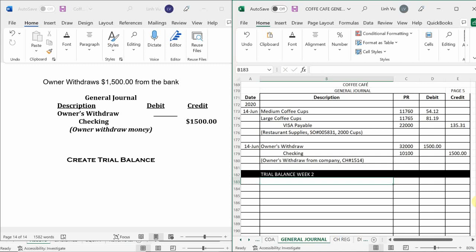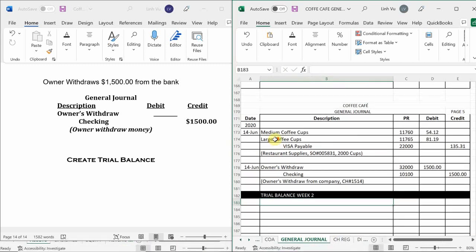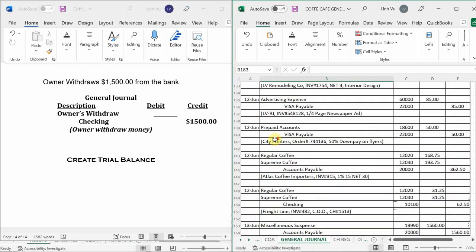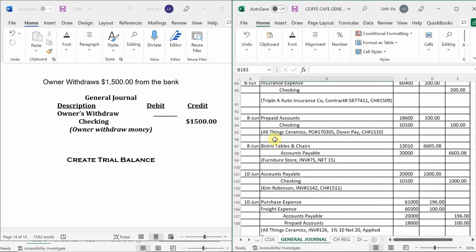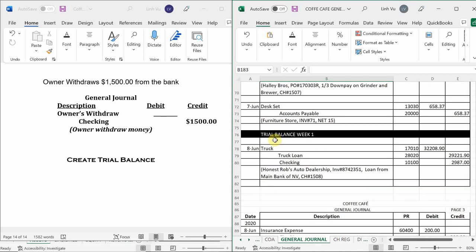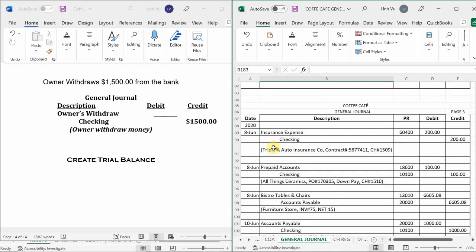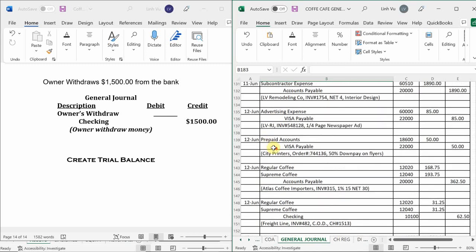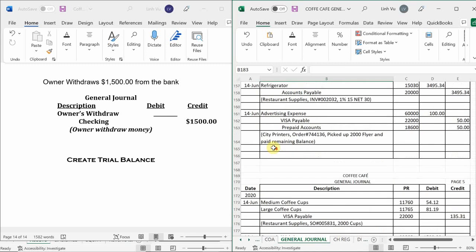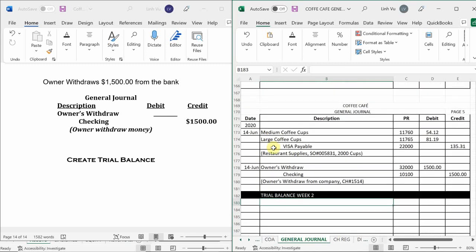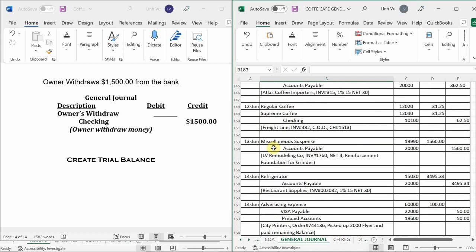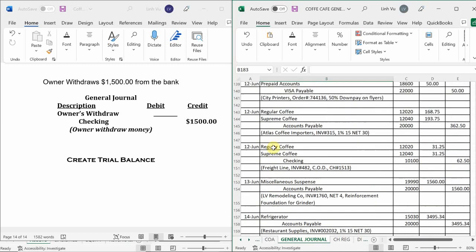Okay? So that means if my trial balance from all the transactions, from page 2 all the way to page 5 here, has a discrepancy, meaning our debits do not match our total credits, then I made an error between the last 7 days of my transactions.